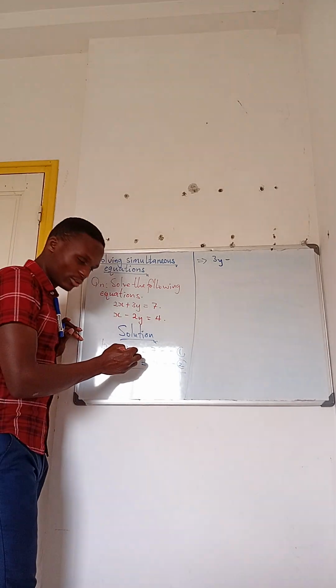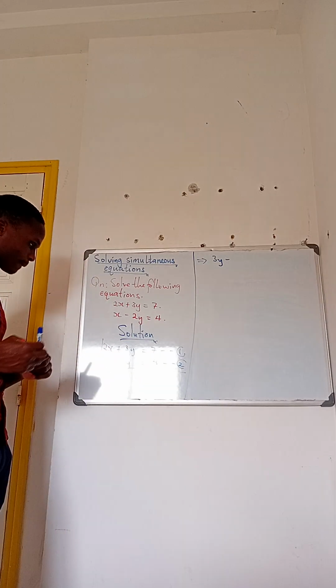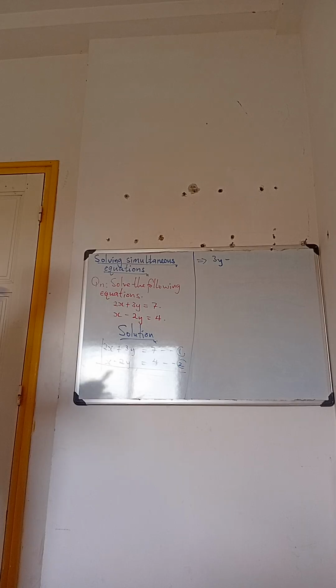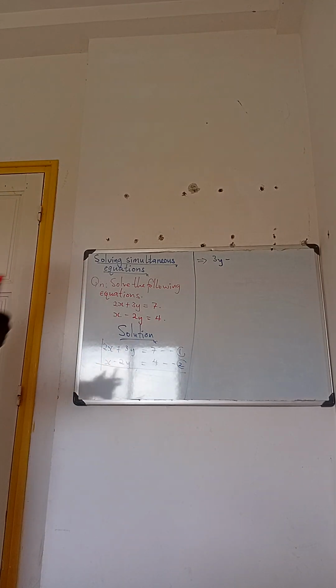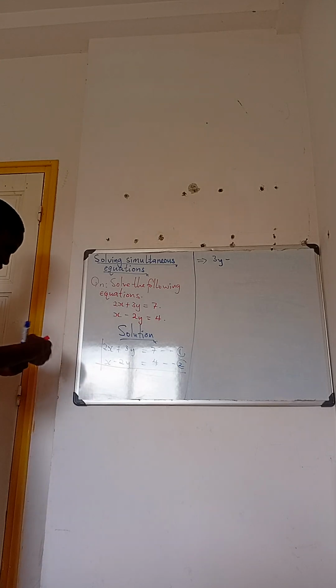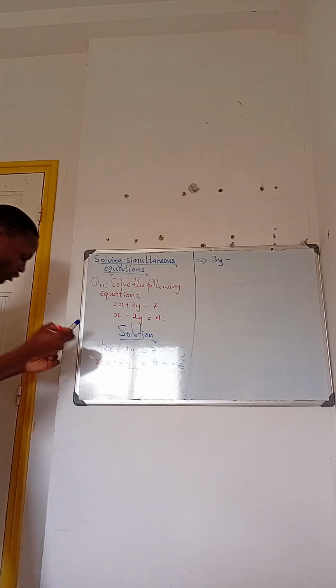Then the coefficient of y is 3, here is negative 2. So you compare the coefficients. After comparing them, it's now clear that the variable x is carrying smaller coefficients. So you choose to eliminate that variable first. So we put a multiplication sign here and also here.